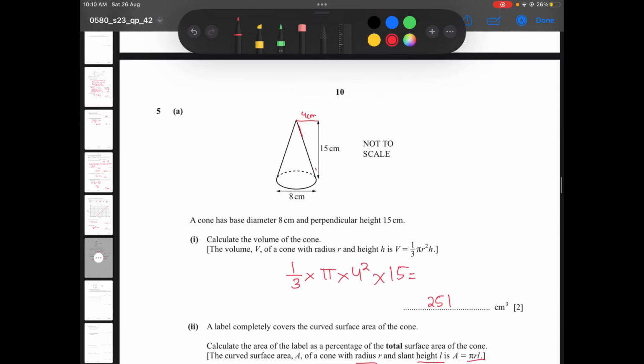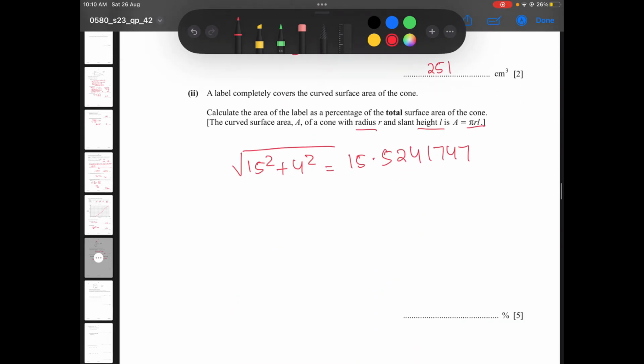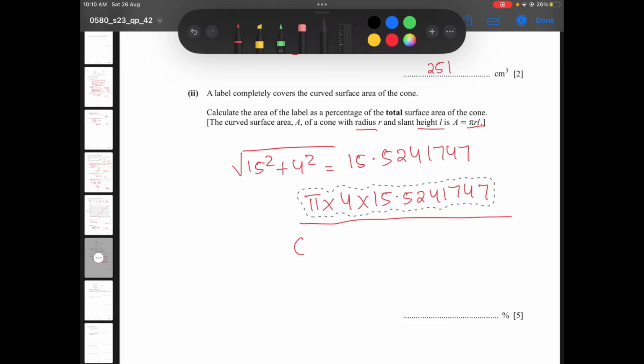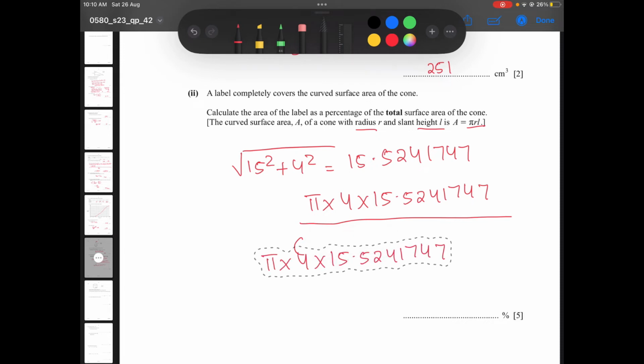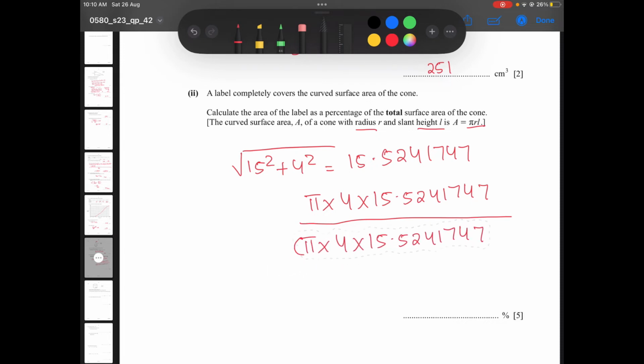Alright, and then pi RL, pi into radius is 4 into L is 15.5241747 divided by this same calculation. So I'm just going to copy this down here and paste, the same calculation, and we're going to add pi into 4 squared.